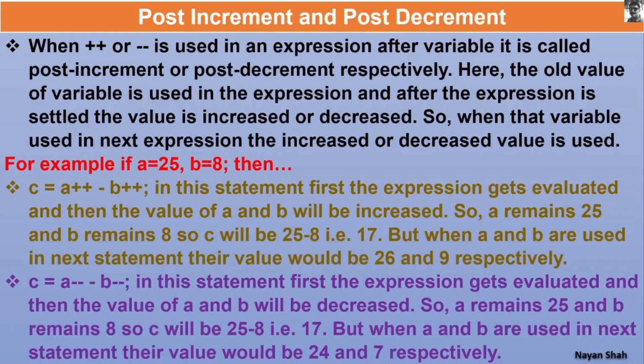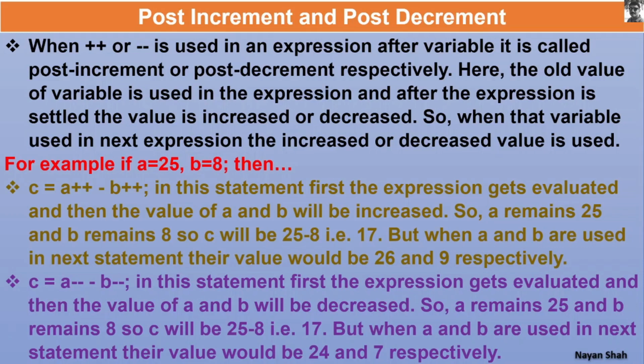Similarly, for the second example, consider a is equal to 25 and b is equal to 8, then c is equal to a-- - b--. These are post decrement. In this statement, first the expression gets evaluated with the existing values, that is 25 minus 8, which will give you 17.